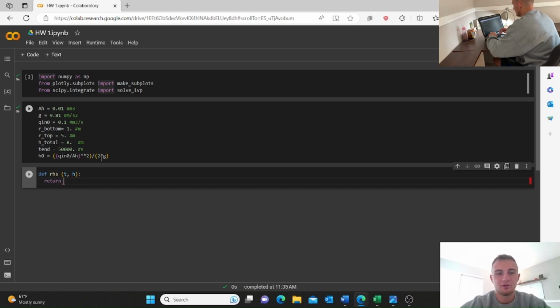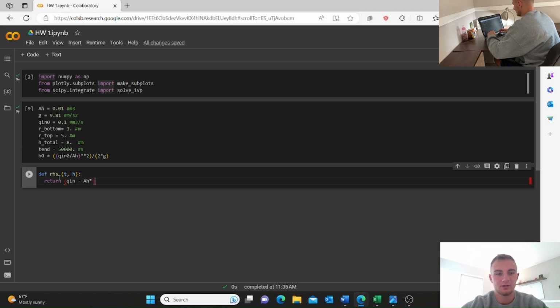And what we want to return out of this is, let's see here, we're going to have our initial flow rate, or not our initial flow rate, but Q in minus AH. And I believe this is multiplied by 2gh to the 1/2 actually.